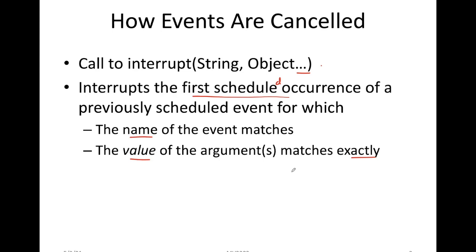And so it would remove the renege event, not just the first renege event, it would remove actually the one and only renege event that had that customer as the argument. So this is for doing canceling, this is kind of a key thing. So it's the value of the arguments that have to match exactly.